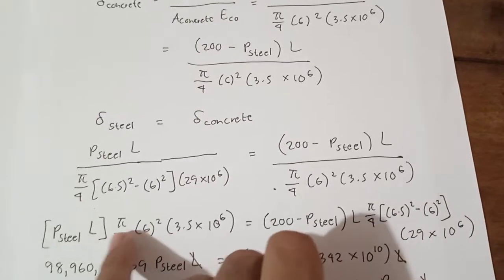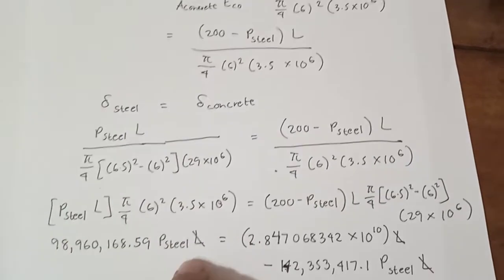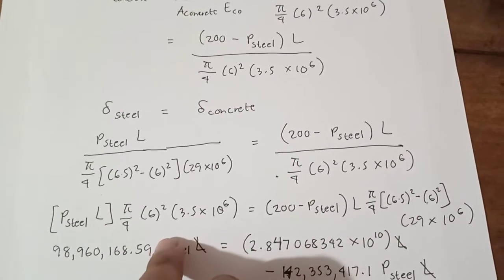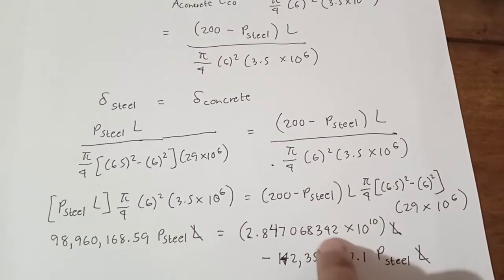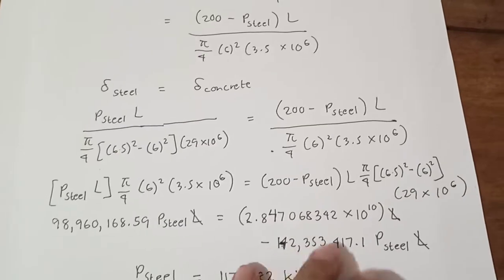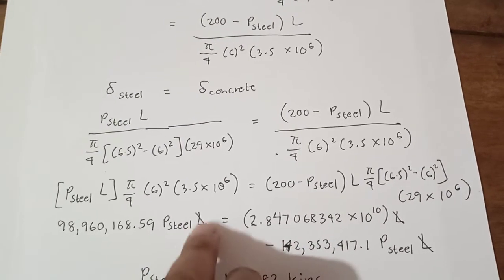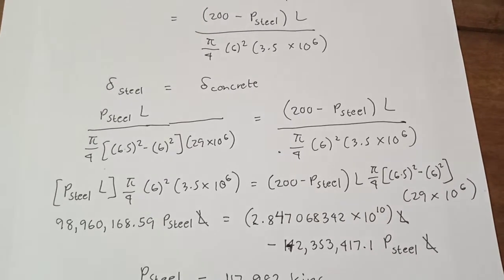Since they have the common variable L, we can cancel out the L. Here I simplified those that contain L and those that don't. All of them contain L, so we cancel all of them. The only variable left is P steel.